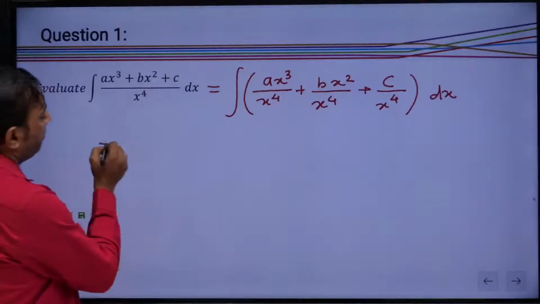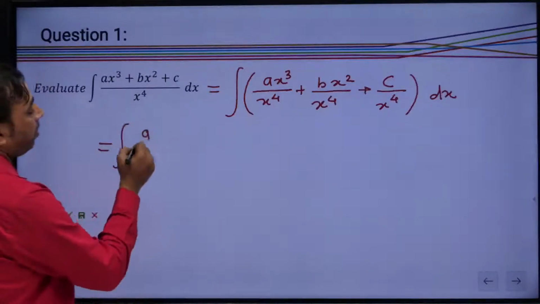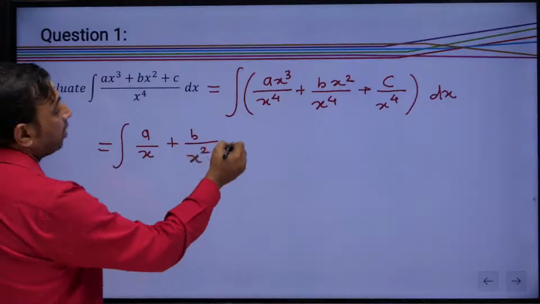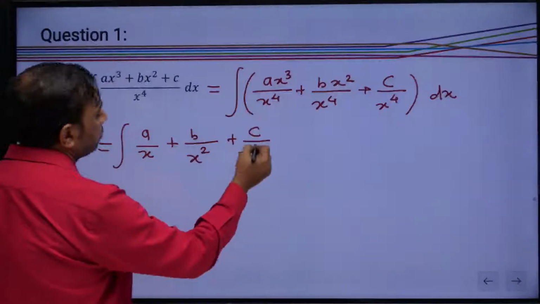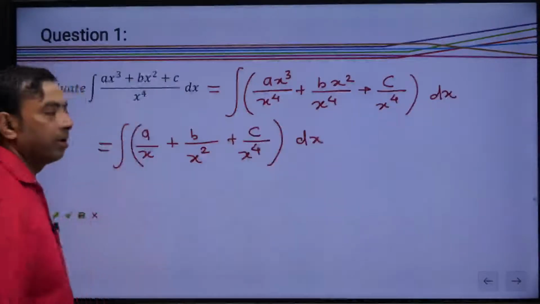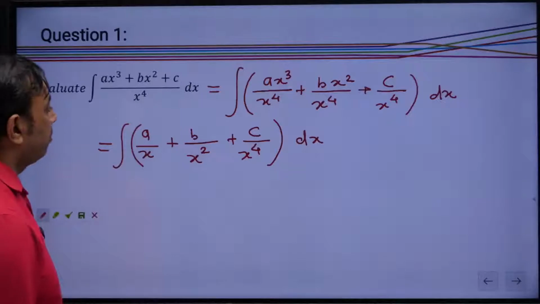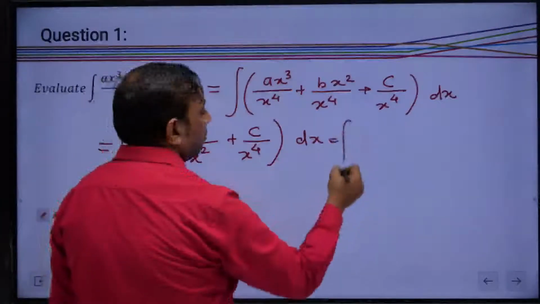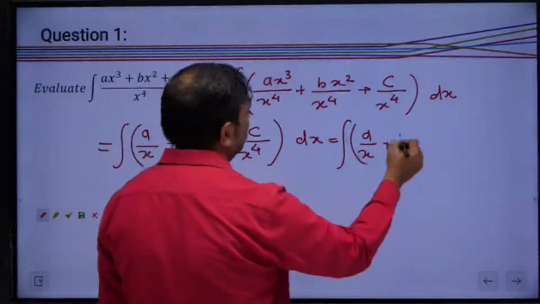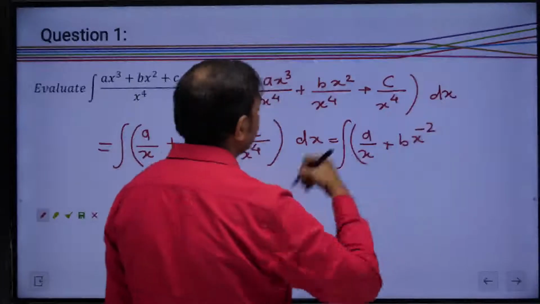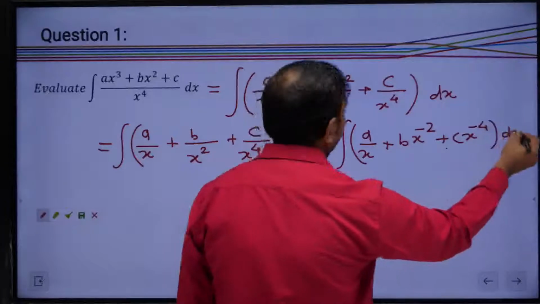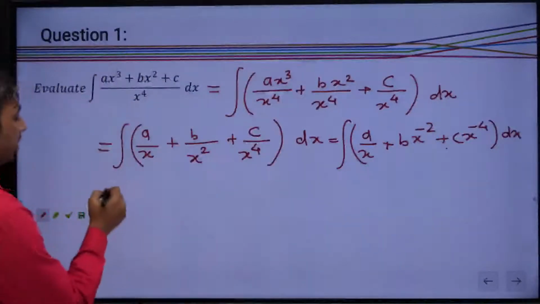Now if we do some simplification, we get a upon x plus b upon x square plus c upon x to the power 4 dx. We can make some more adjustment: a upon x plus b x to the power minus 2 plus c x to the power minus 4 dx. So what is the answer now?